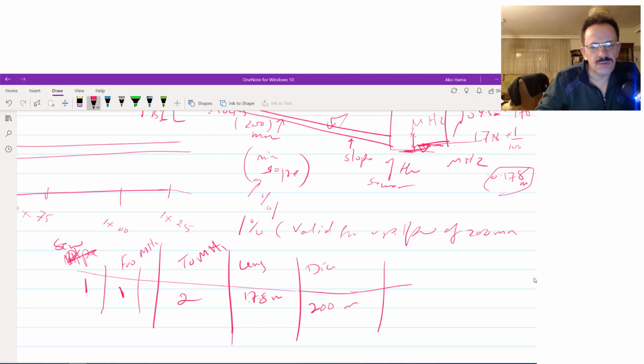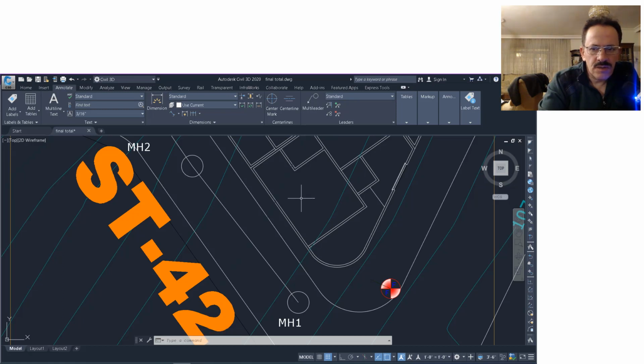Now I have to find the velocity. First of all, I have to find the Q flowing in this pipe.